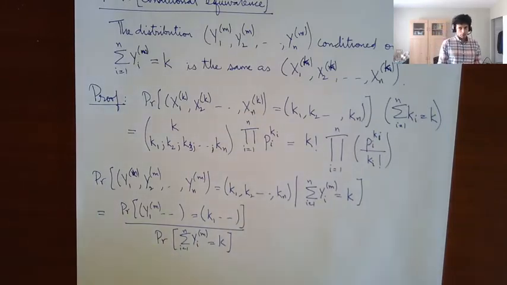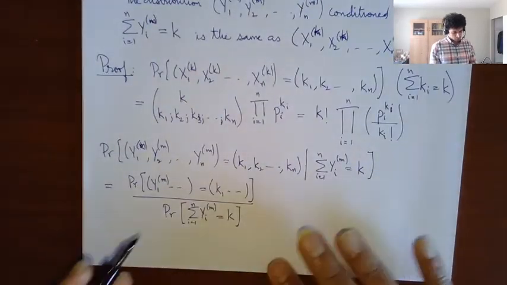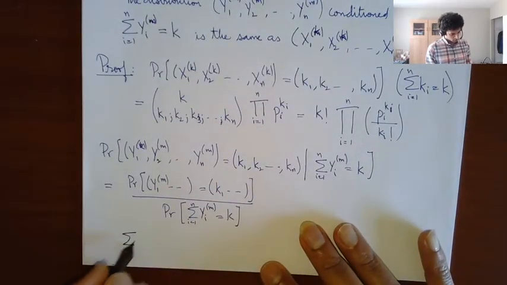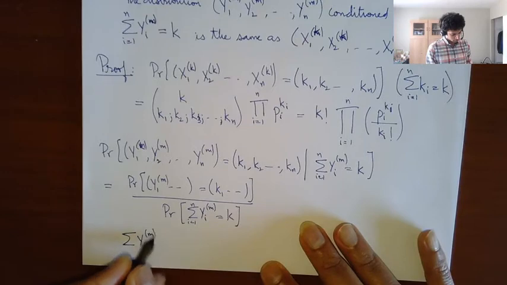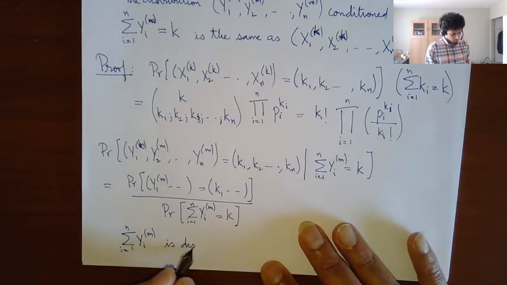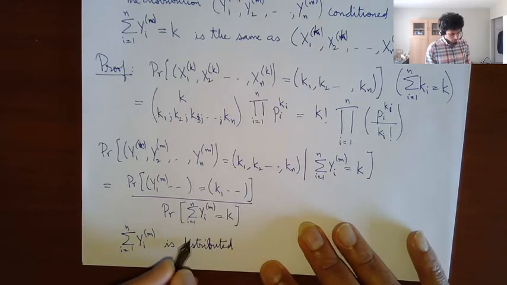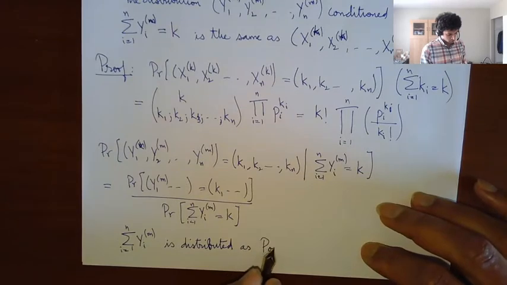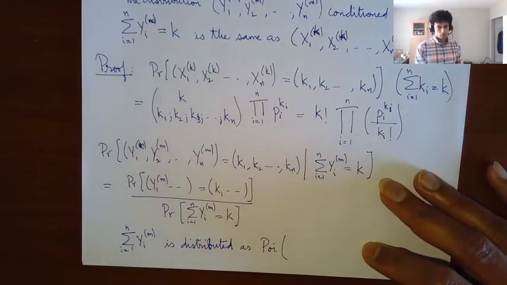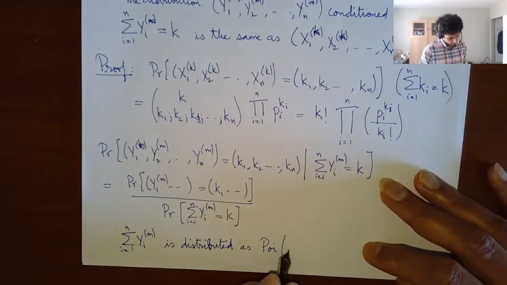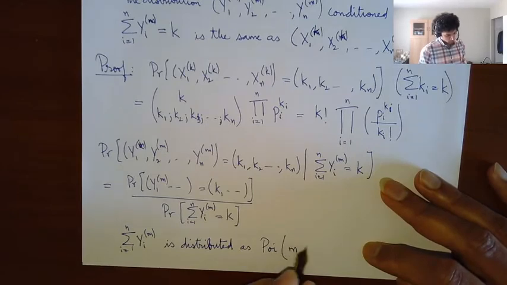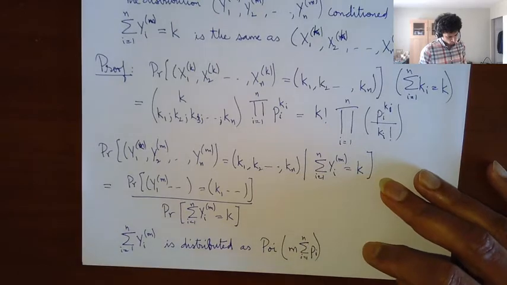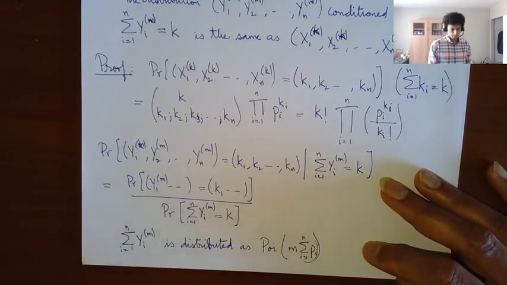Now the denominator: remember that we just proved that the summation of yim, i going from 1 to n, is distributed as a Poisson with just the summation of parameters, which is m times the summation of pi, i going from 1 to n, but this is just 1.